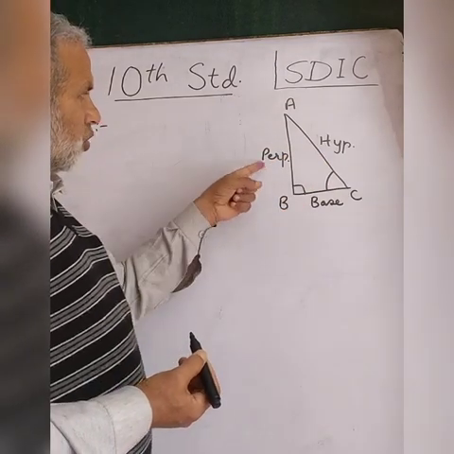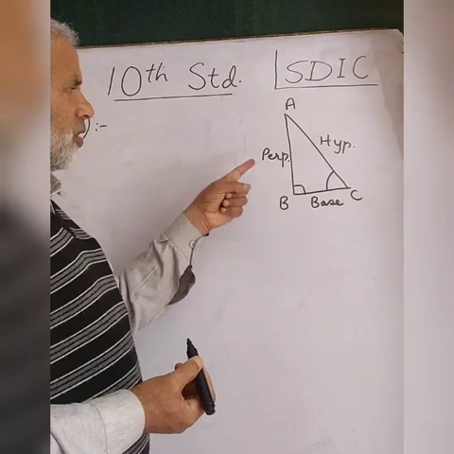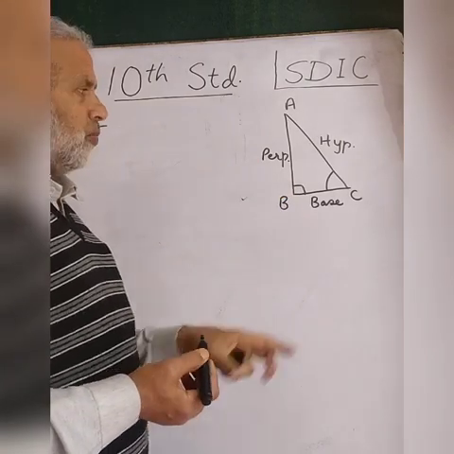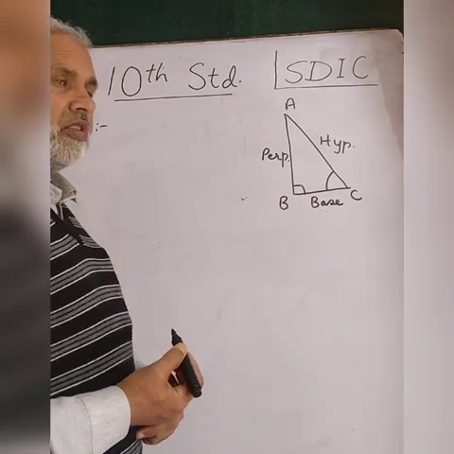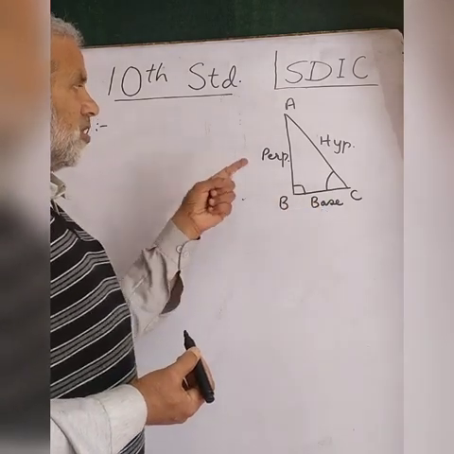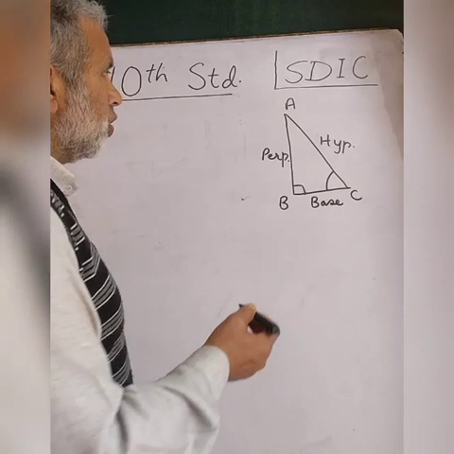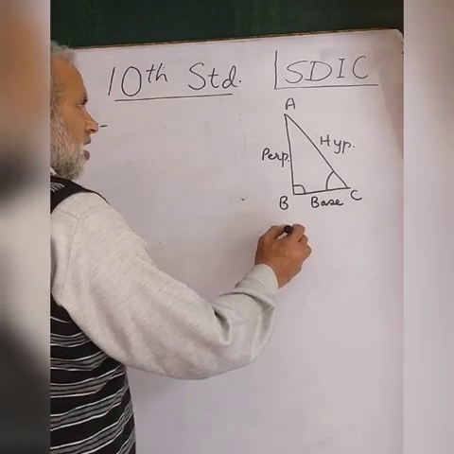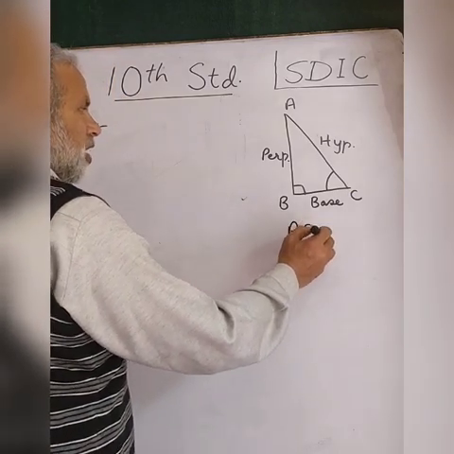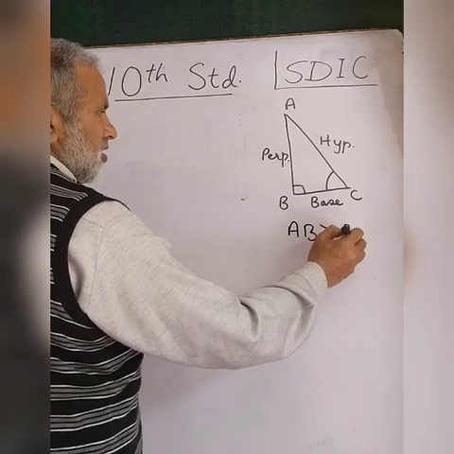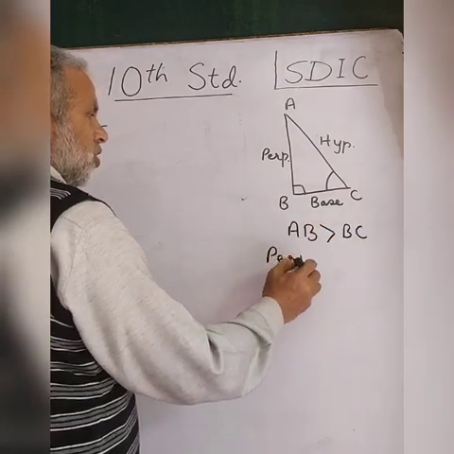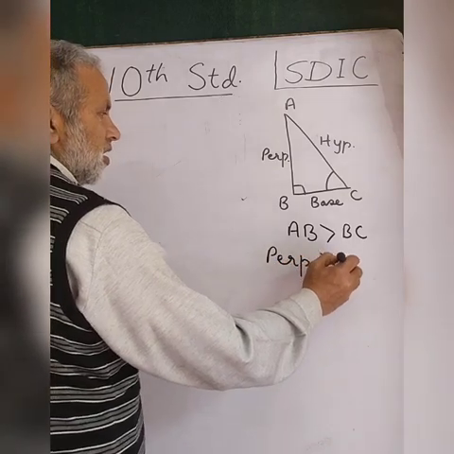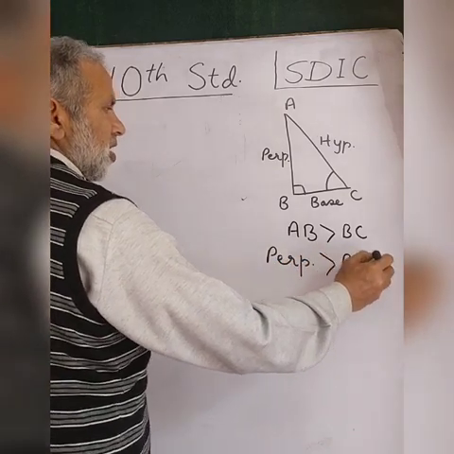Now, out of the two remaining sides, base and perpendicular, presently we have chosen angle C as the acute angle. We got BC as base, AB as perpendicular. And if you look at this, you can easily find that AB is larger than BC. Means perpendicular, AB is perpendicular presently, is larger than base, BC is the base.